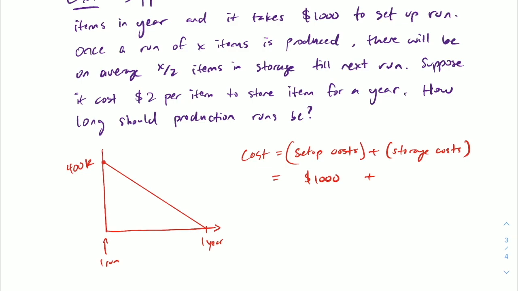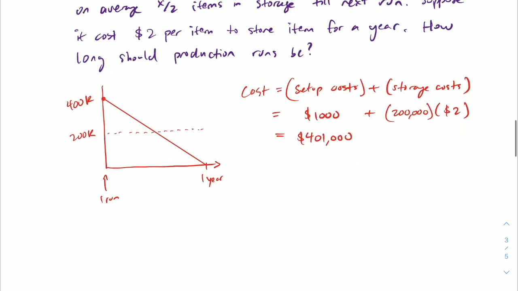So I claim that on average we're going to be storing X over 2, or in this case 200,000 items. So we'll have 200,000 items on average in our storage facility times the cost per item, which is $2. So $400,000 plus $1,000 is $401,000. Okay, so that's the cost if we just had one run.